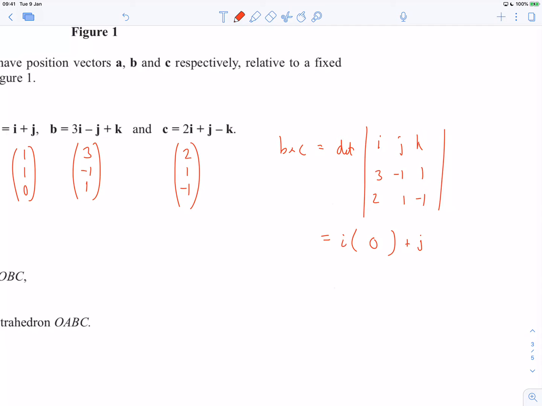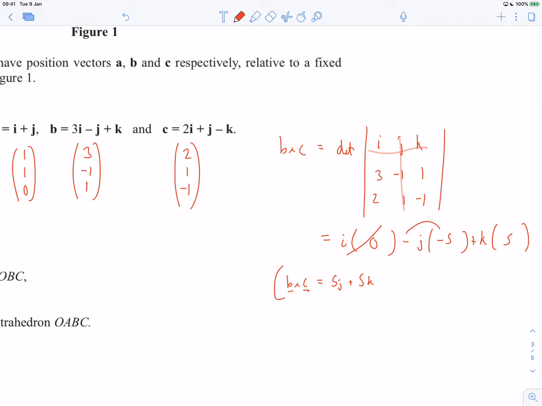Then minus, remember, because it goes plus minus, j lots of 3 times minus 1, which is minus 3, minus 2 times 1, which is minus 2, so you've got a minus 5 there. Plus k lots of 3 minus a minus 2, so that's plus 5. So I've got no i, minus minus 5j and 5k, so I actually have 5j plus 5k is b cross c.